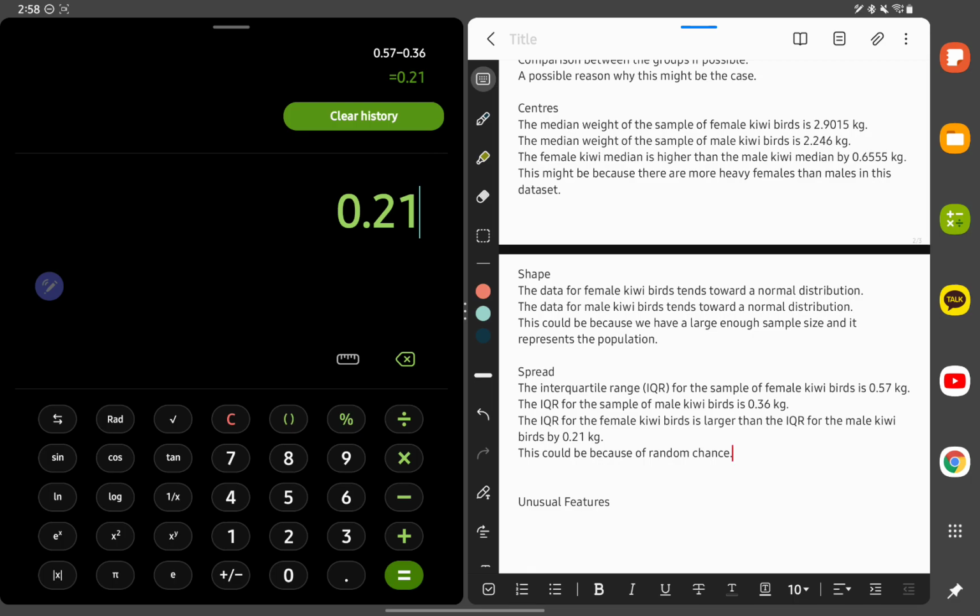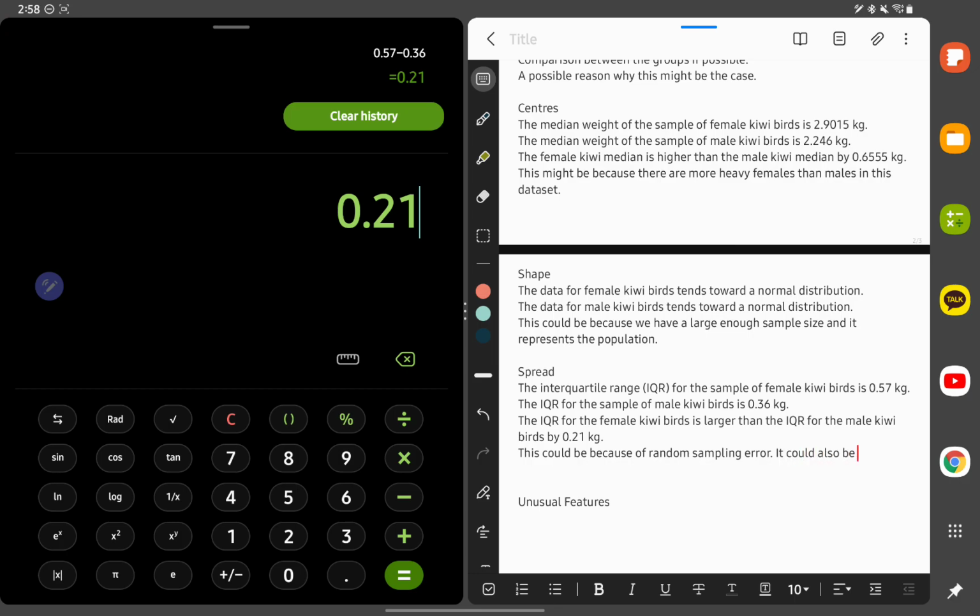It could be because of random chance or random sampling error, like it's just pure luck that we happen to have measured female kiwi birds that are more varied in weight, while by sheer chance we've measured more male kiwi birds that are more similar in their weight range, right? Maybe that's the case. It could be. I'm not saying it is, I'm not saying it isn't, I'm just saying it could be.